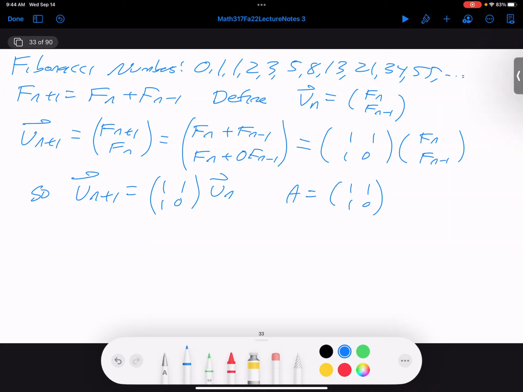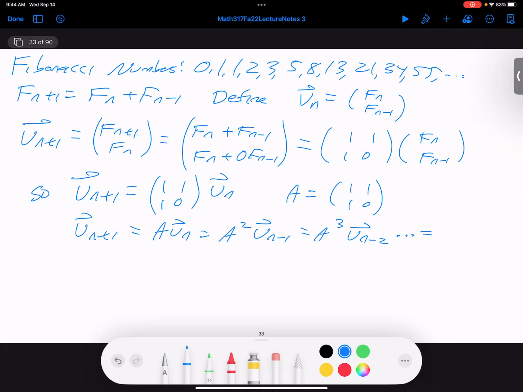So you keep doing this. We know Vn plus 1 is this matrix A times Vn. Now that we have this, let's do it again. So Vn plus 1 is A Vn, or it's A squared Vn minus 1, or A cubed Vn minus 2, dot, dot, dot. And then the question is, how far do we go?